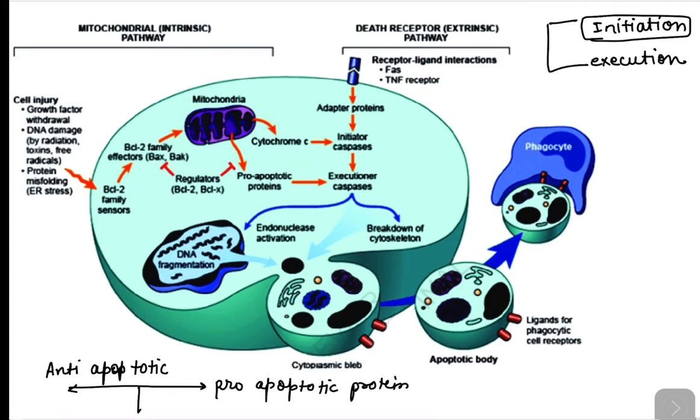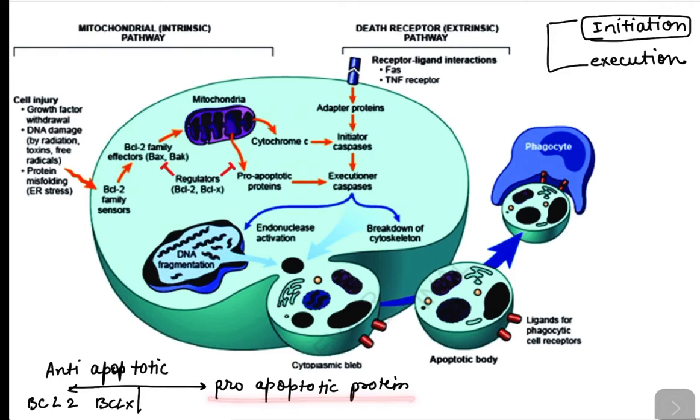Anti-apoptotic proteins include BCL2, BCLX, and MCL1. These proteins reside in the outer mitochondrial membrane as well as in the cytoplasm, and they keep the mitochondrial outer membrane impermeable. They prevent the leakage of cytochrome C and other death-inducing proteins.